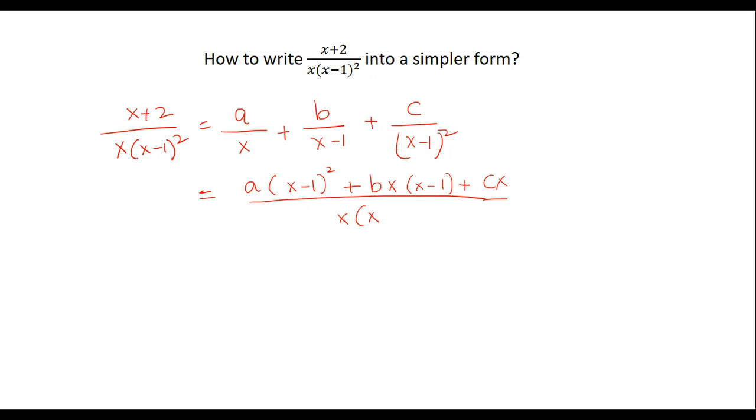So now my denominator becomes like this. I also put my left hand side with this fraction so that it is easier for you to see. Now I simplify this version because you can see the denominator is just the same. So we just focus on the numerator only.